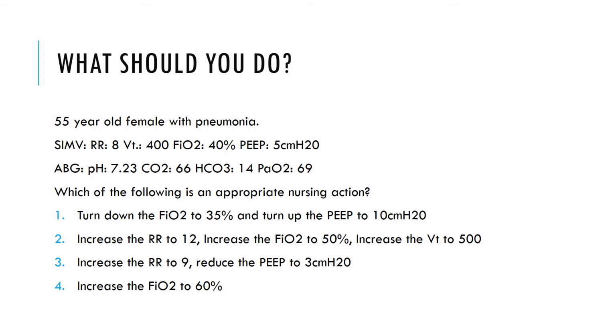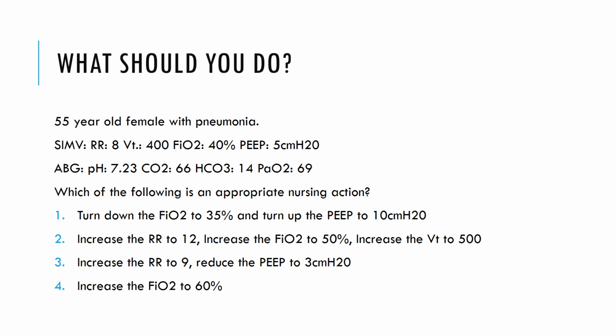So one of the issues with SIMV is if a patient is not strong enough and not mentally intact enough to trigger their own breaths and take deep enough breaths, and we are not helping them out enough, we're only helping her with 8 breaths a minute, this patient could very easily develop respiratory acidosis and really some metabolic acidosis because she's working really hard and she's starting to produce more lactic acid potentially. So remember, in SIMV, this is often a weaning mode because we only give them a set number of breaths and the rest is up to them.